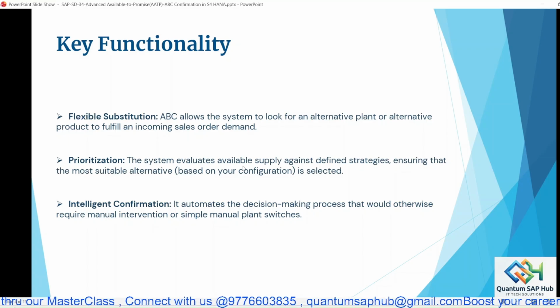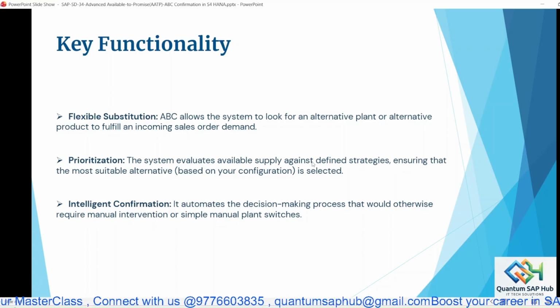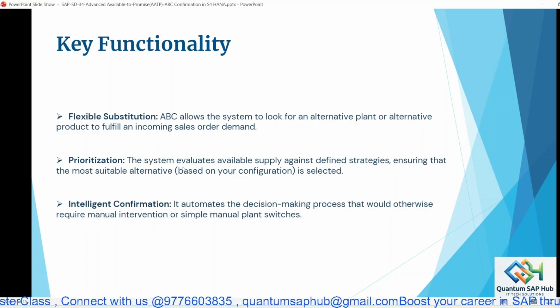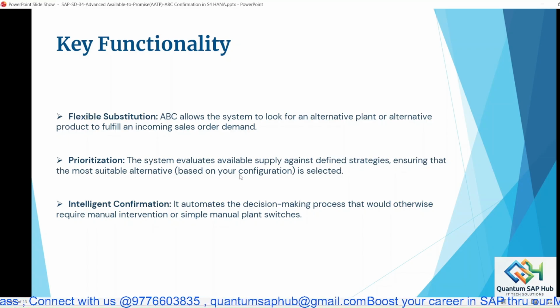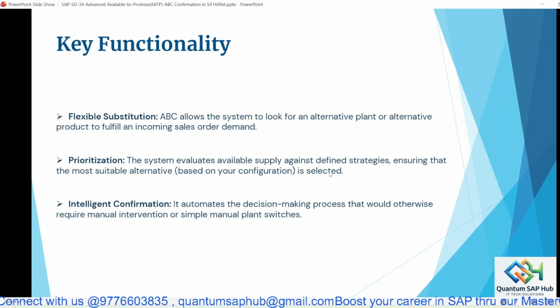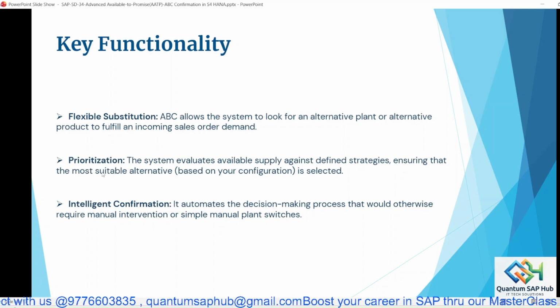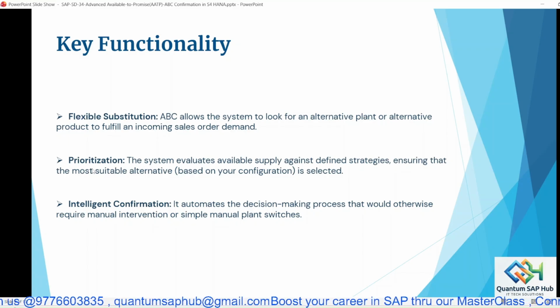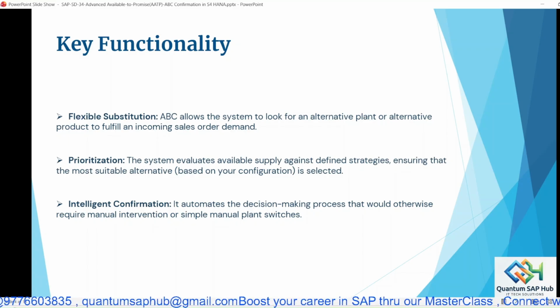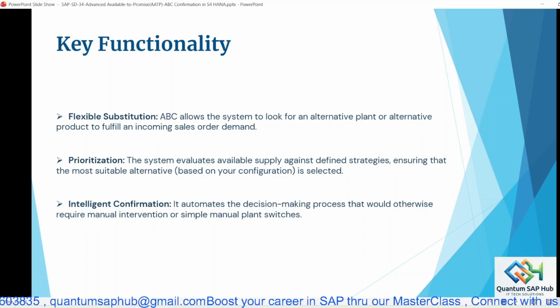Prioritization: the system evaluates available supply against defined strategies, ensuring that the most suitable alternate based on configuration is selected. This comes as max earlier, on time, or full configuration.